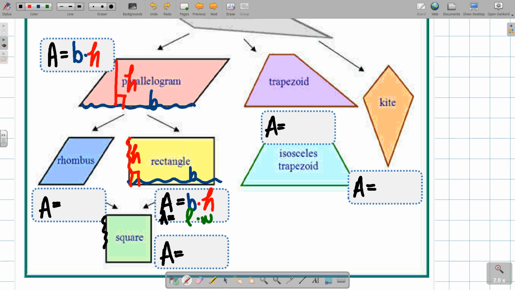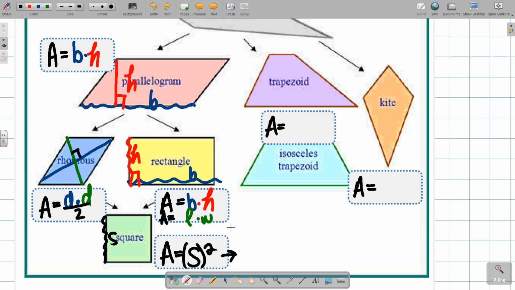Square, technically you could do base times height, but you just take one side and you square it. Since a square qualifies as a rhombus, a rhombus is going to be one diagonal times the other diagonal over 2.